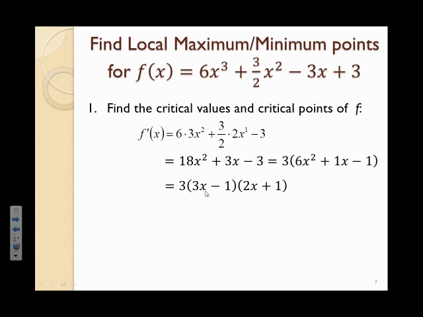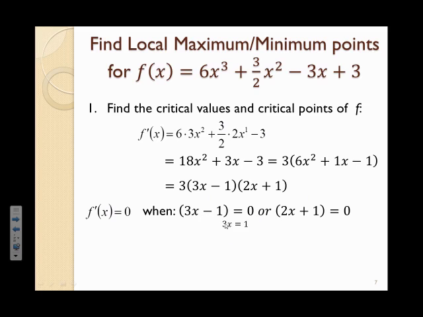If we use this other form of factoring, we end up saying that this is equal to this. And then we realize that for this to be equal to 0, then 3x minus 1 is either going to be 0 or 2x plus 1 will be equal to 0. So we solve for either of these.